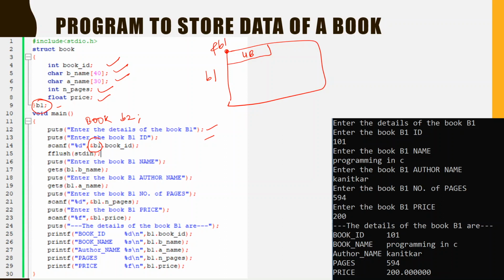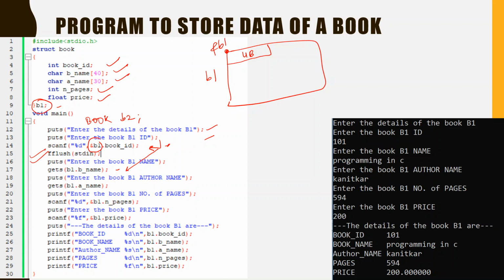Since this is scanf, it leaves an enter, and then there is gets. So this enter would go directly into gets. That is why fflush stdin, flushing the standard input, is necessary. If you don't write this you will not be able to take gets input, because the enter after scanf would enter into gets.